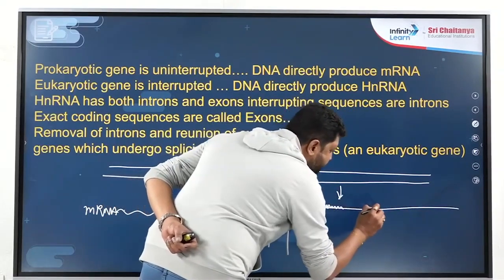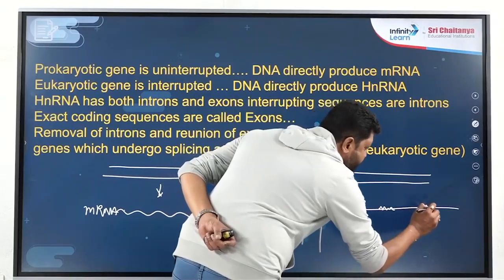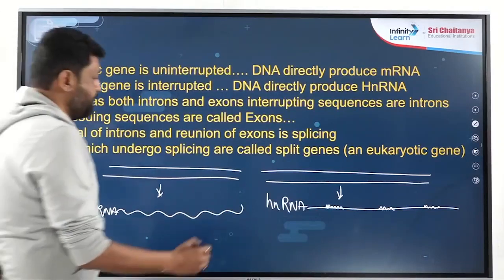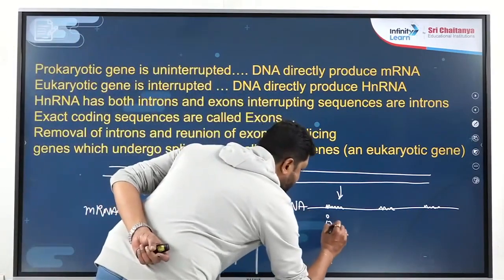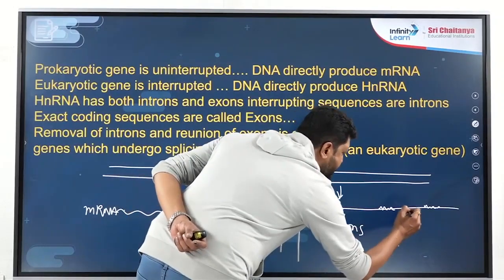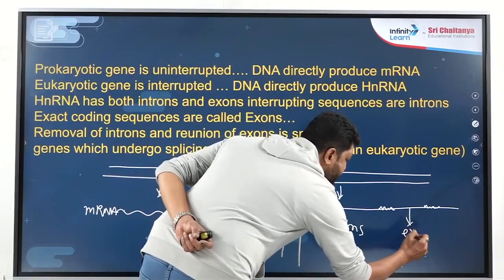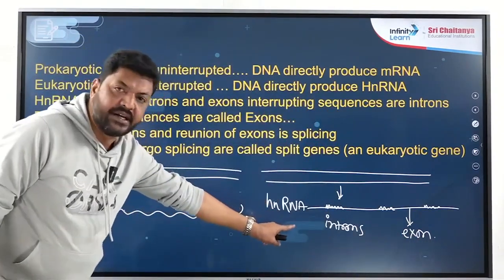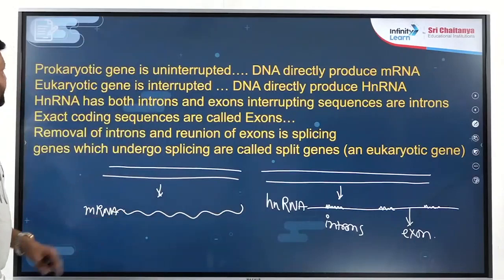Interrupting sequences are called introns. Exact coding sequences are called exons. You know very well. So this is interrupted by introns. Clear? This is not interrupted.